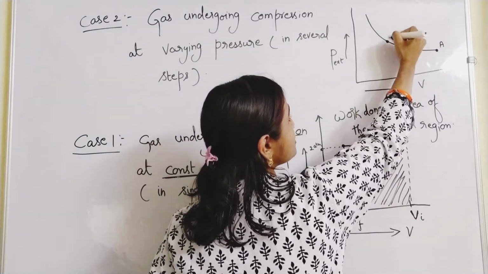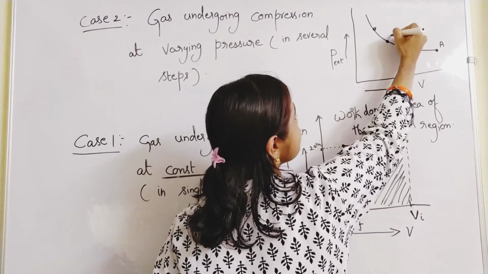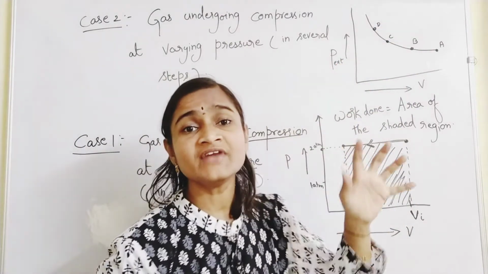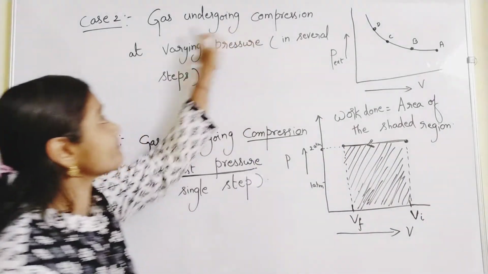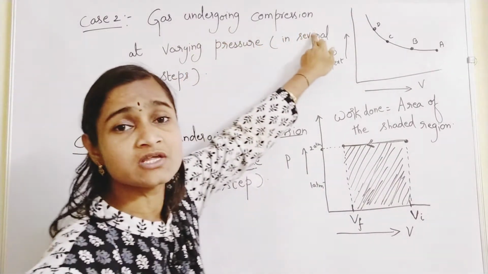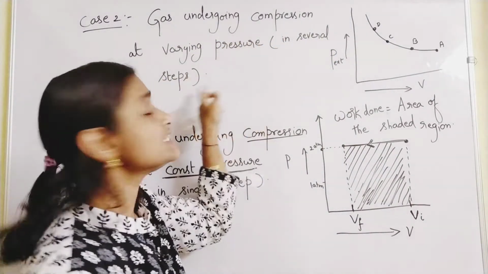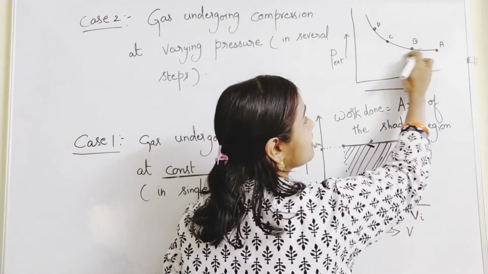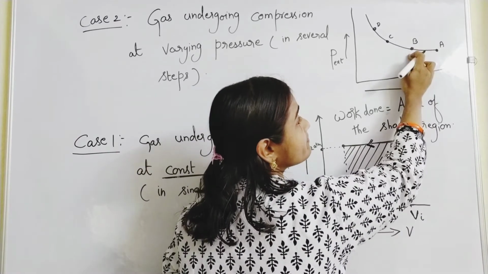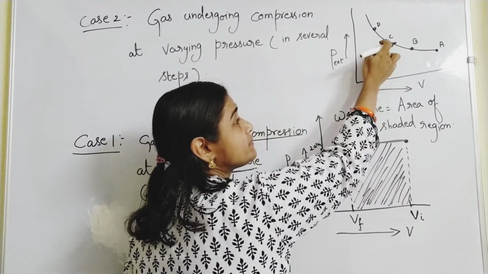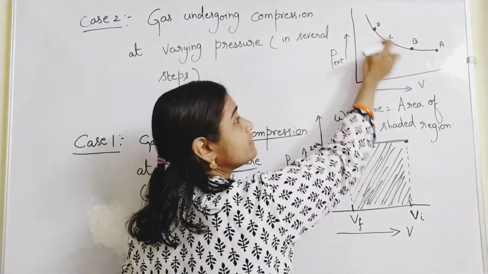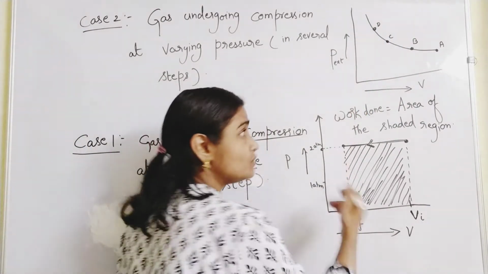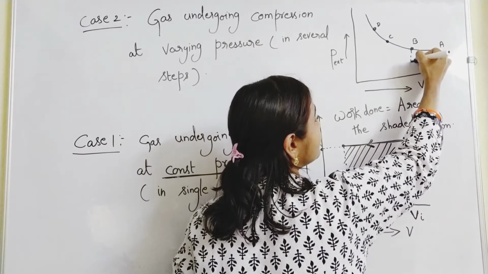Again, compression took place in between the points C and D. Okay, that means in different steps compression is happening. The gas is undergoing compression in several steps. In the first step, the gas is undergoing compression in between the points A and B. In the second step, the gas is undergoing compression in between the points C and D. Okay, now draw the area under the curve.